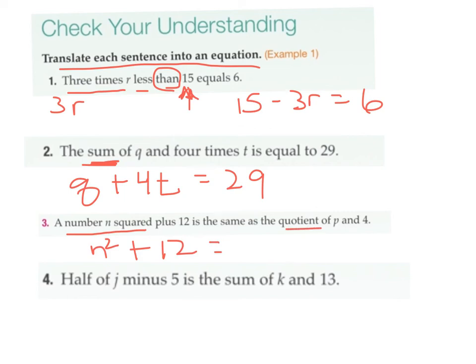Quotient means division, and division is the first thing you see, P over 4. Remember, we write division as a fraction. The next one is half of J minus 5 equals, sum means add, so K plus 13.